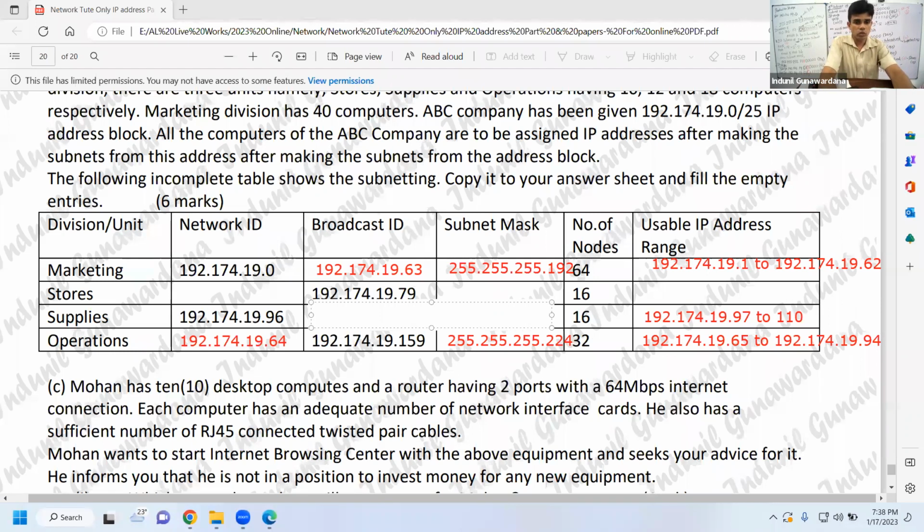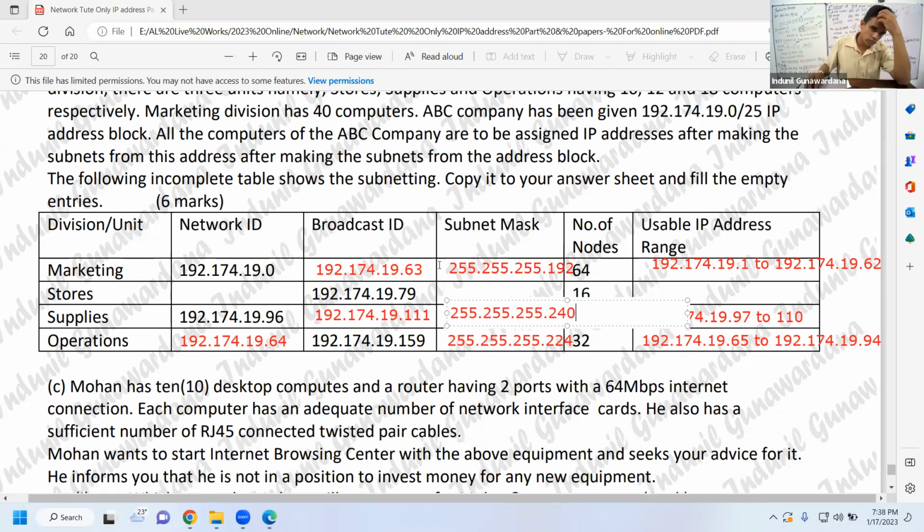192.174.19.111. Then the subnet mask by this time would be 255.255.255.240. That's the same subnet mask for source as well.